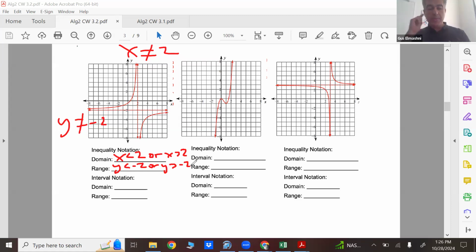But personally, I think it's going to be easier to write it in interval notation. Interval notation would look like this: parentheses, negative infinity, 2, parentheses, and you put a giant U here, which stands for union, because you're uniting both sets.